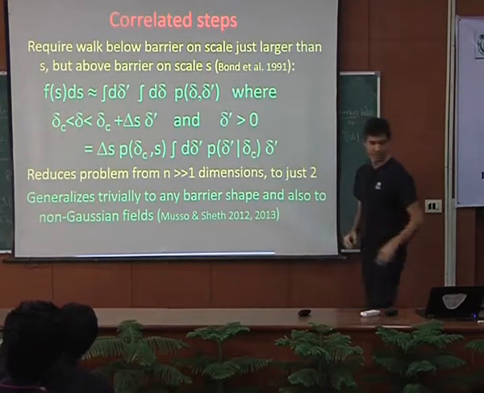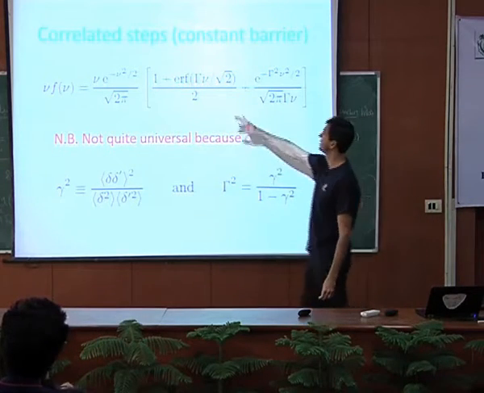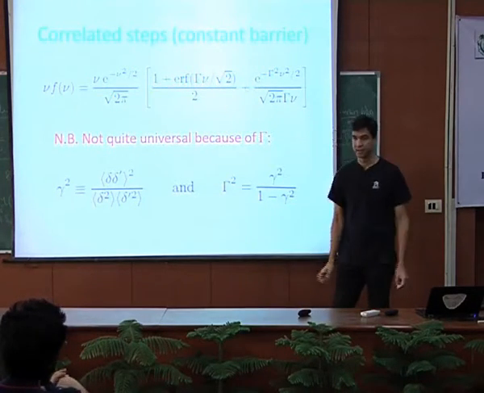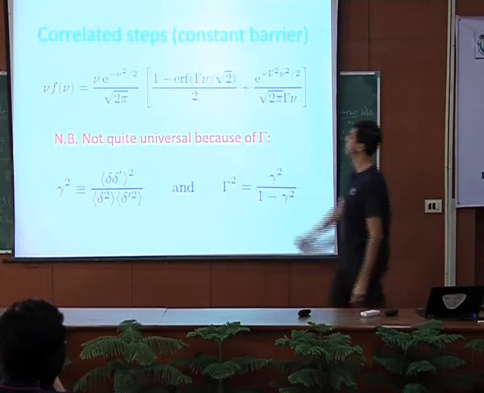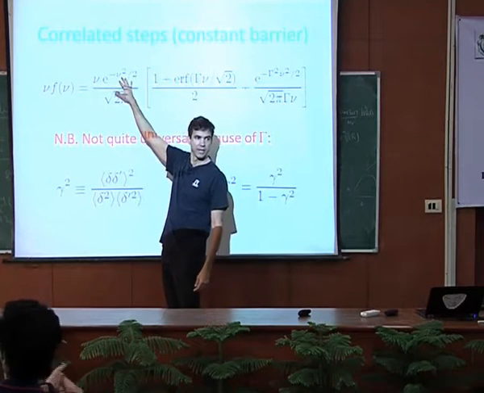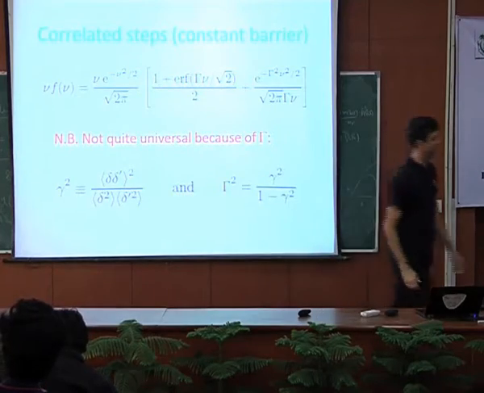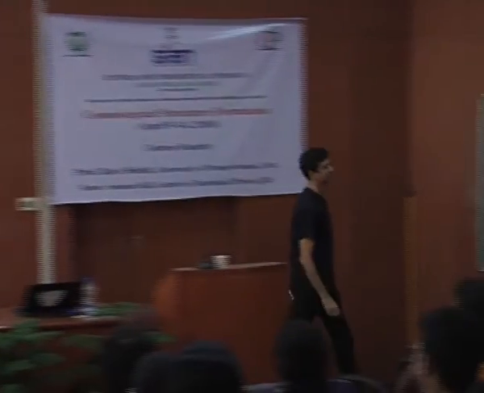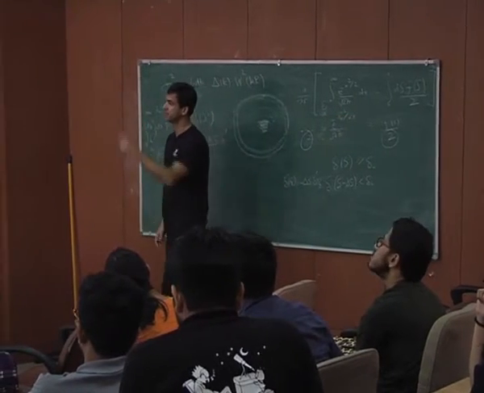Okay. So this is the result of writing the first crossing, of doing that integral over delta prime. You still get the Gaussian e to the minus delta C squared over 2. Okay. So this nu is the same Press-Schechter variable, right? Delta C squared over S, that is the thing that is nu squared.